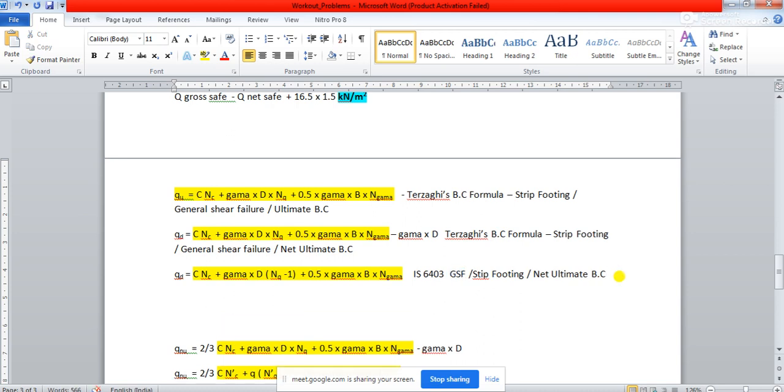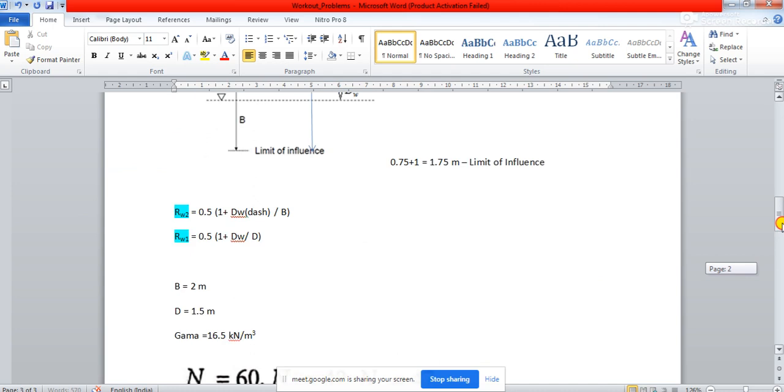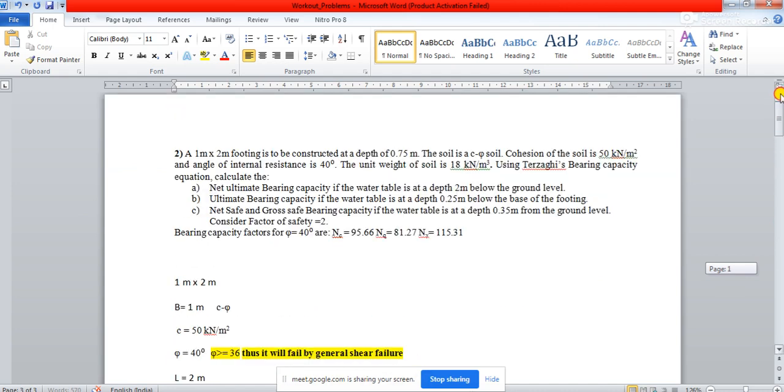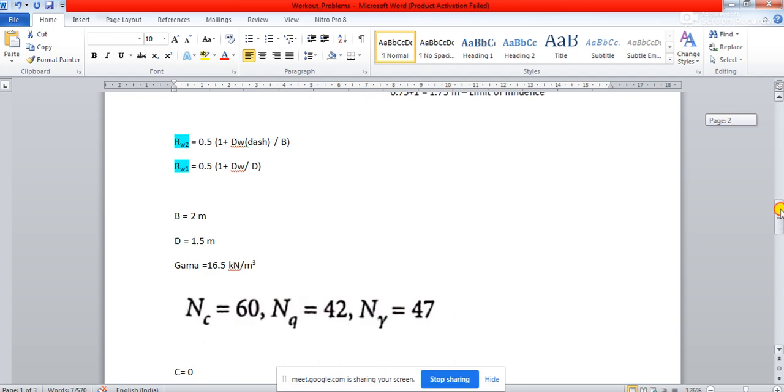So what are the shear strength parameters of soil? What are the two shear strength parameters of soil? Tell me. Sir, cohesion and internal angle of friction. Yes. So basically the two factors are C and phi, correct?